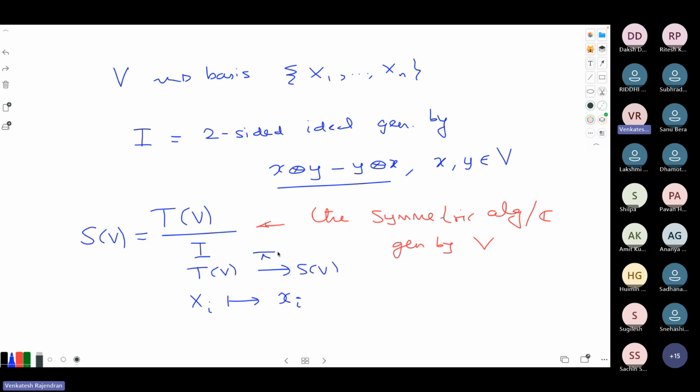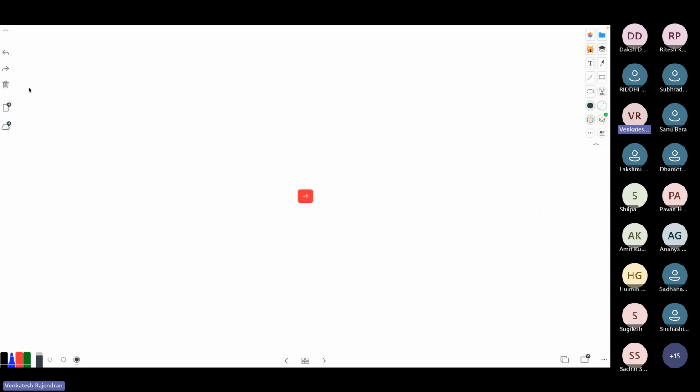If you call the image of capital Xi small xi, then it is clear that the small xi's commute. So what you get at the end is the polynomial algebra on these variables xi. Again, you can use the universal property to define the same object.